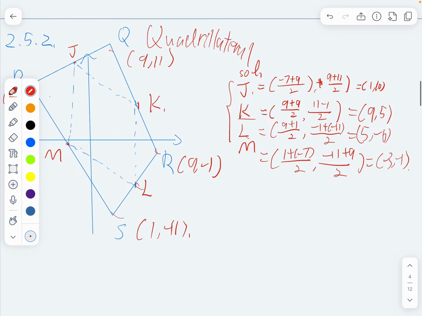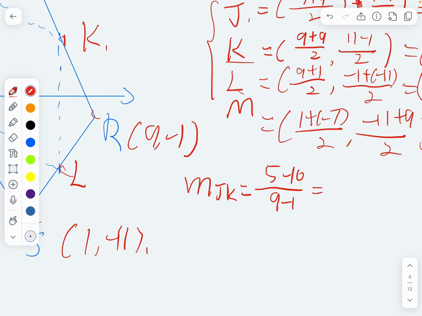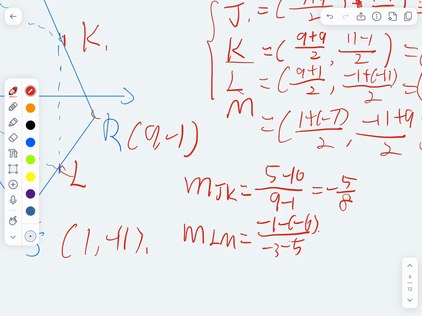Now we calculate the slope. The slope of JK equals negative 5 over 8. For LM, it equals -1 plus -1 over -3 minus 5, which is also negative 5 over 8.